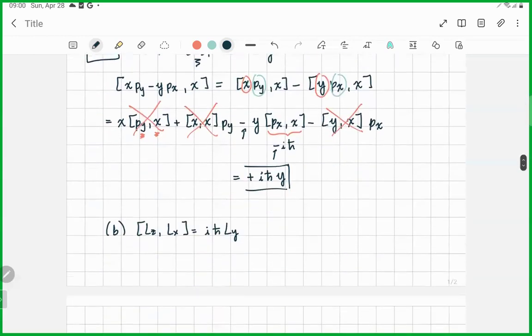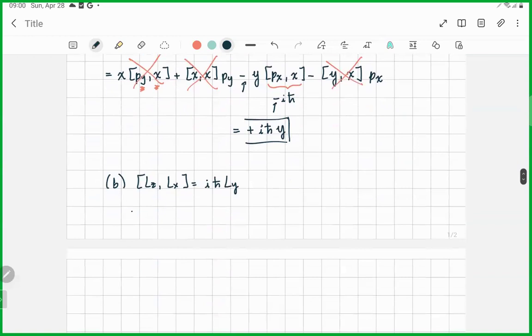So Lz is x p_y minus y p_x, and Lx is y p_z minus z p_y. So this is how we did in class. I'm just going to review that with you, and then we'll solve the way that the problem wants us to do. So what are we going to do?